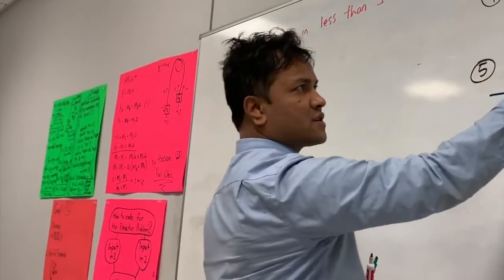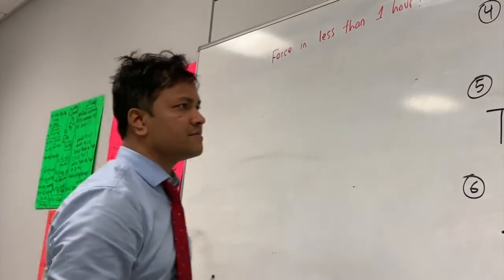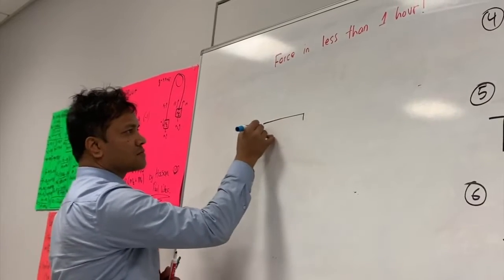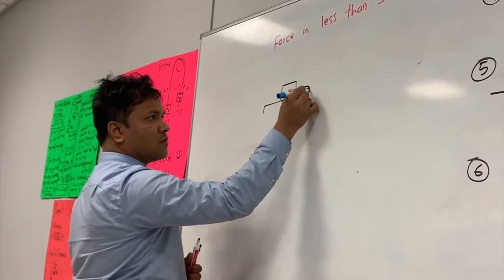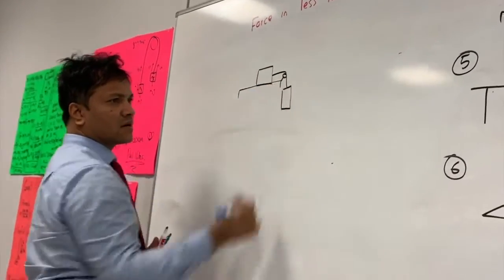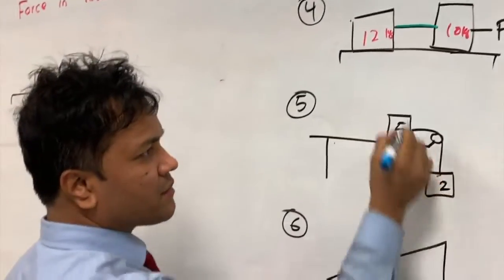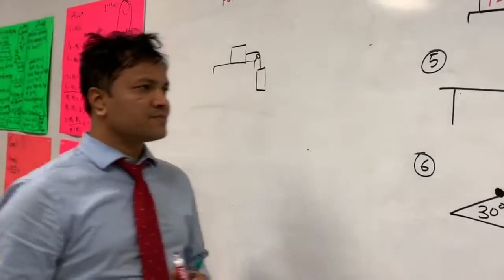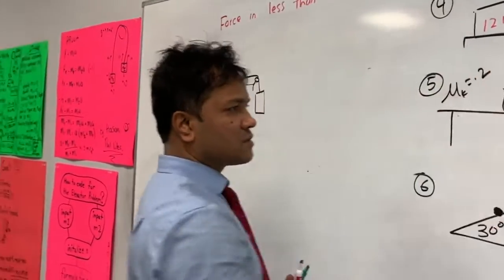Here, 2 boxes, both sitting on the table. Here, 1 box sitting on the table, 1 box hanging. Let's make M1 5 kilogram and M2 2 kilogram. Box number 1, box number 2. Let's put friction. Mu K is equal to 0.2.